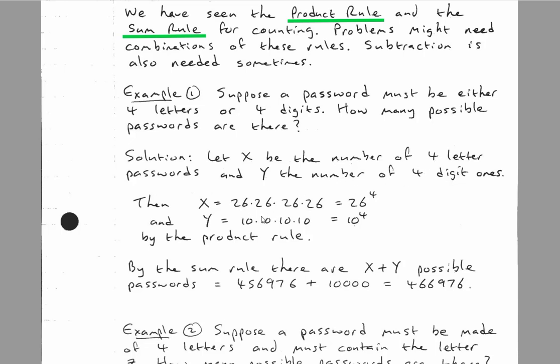The first letter, there are 26 options, 26 options for the second letter, third letter, fourth letter. So we need 26 to the power of 4 for x. And how about y? That's easier, so it's just 10 times 10 times 10 times 10. That's 10 to the 4, 10,000.